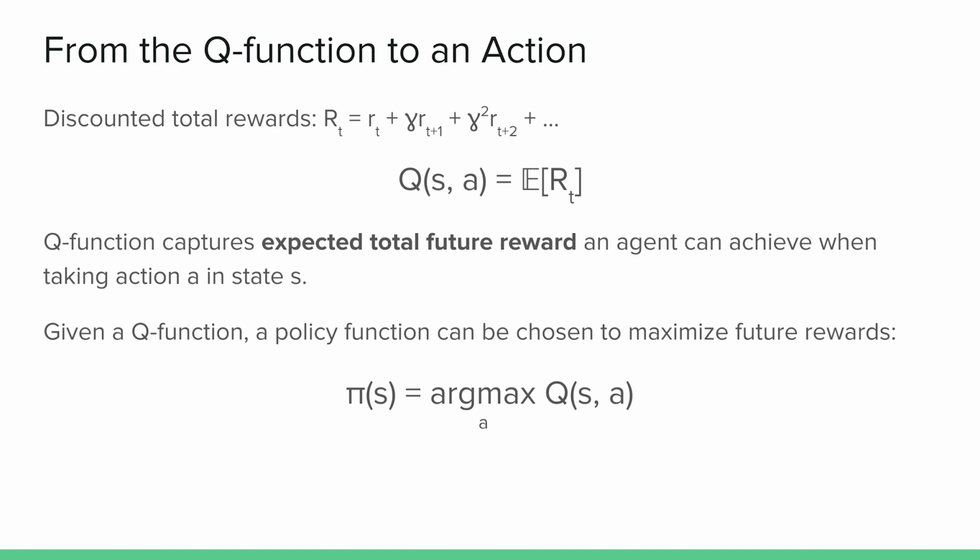That is the simplest way to get from the Q function to an action, by reformulating it as a simple policy that gives us a particular action. In reinforcement learning, the biggest challenge is to find such a Q function or a policy function.